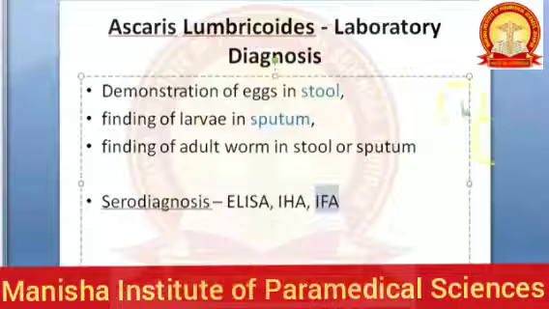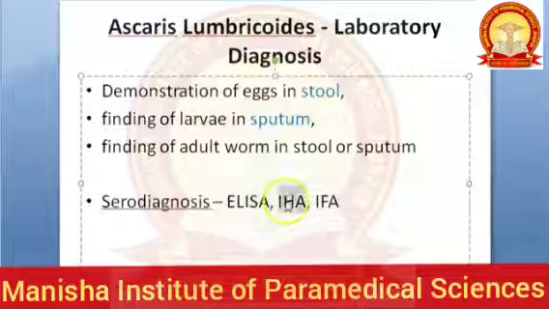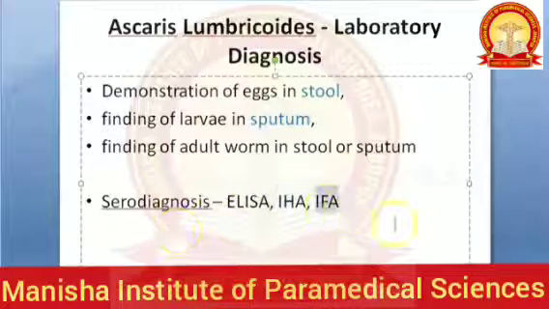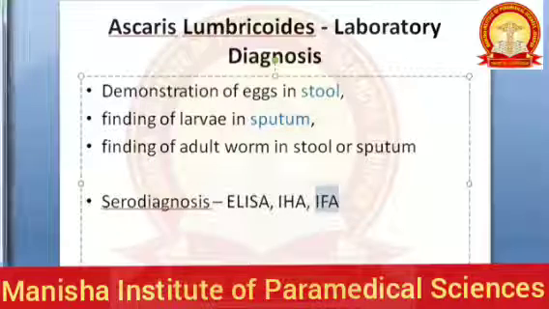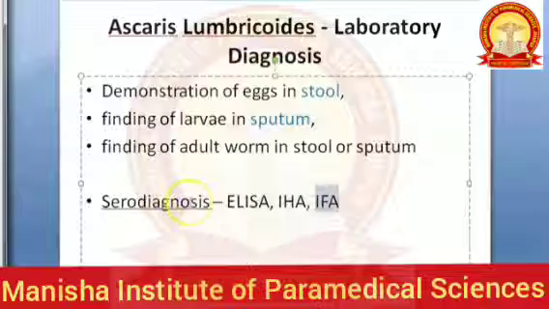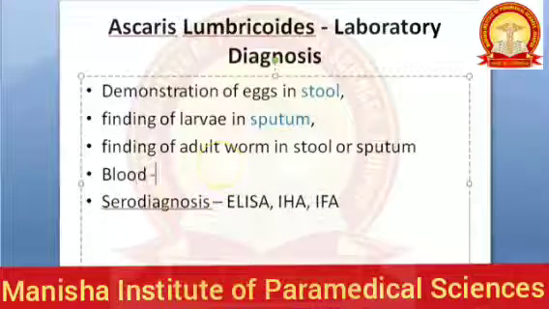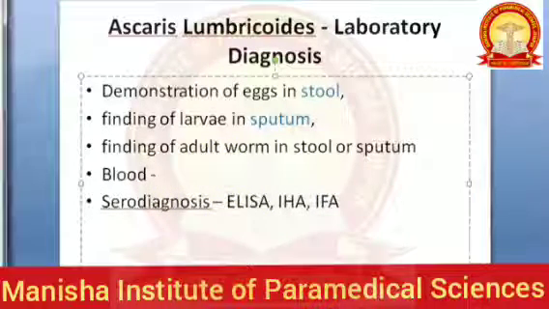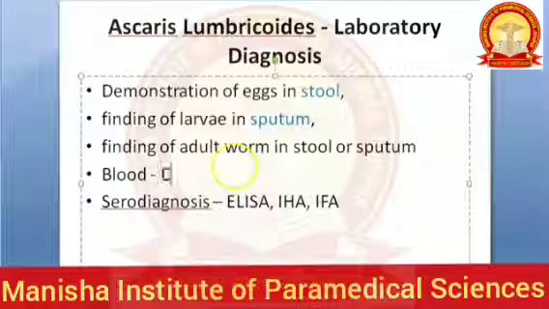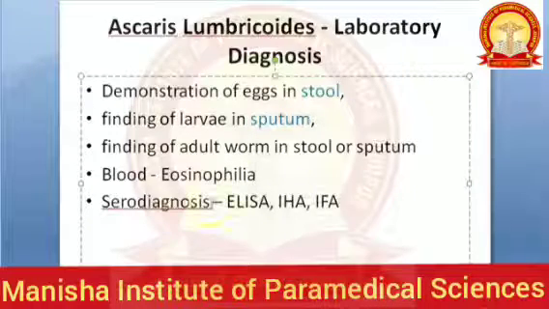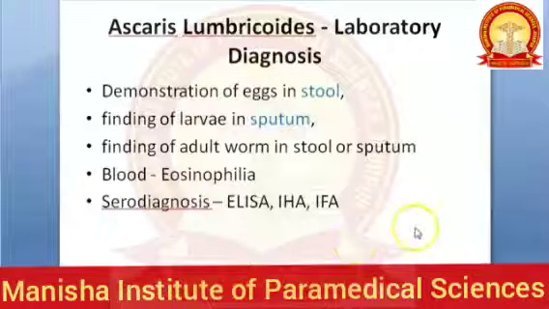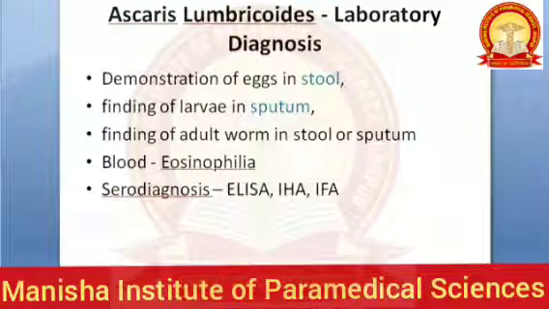Serodiagnosis: antibodies can be detected by ELISA, indirect hemagglutination and immunofluorescence assay. You can also do a blood test, a CBC. Eosinophilia can be there. So this is a very high level lab diagnosis.